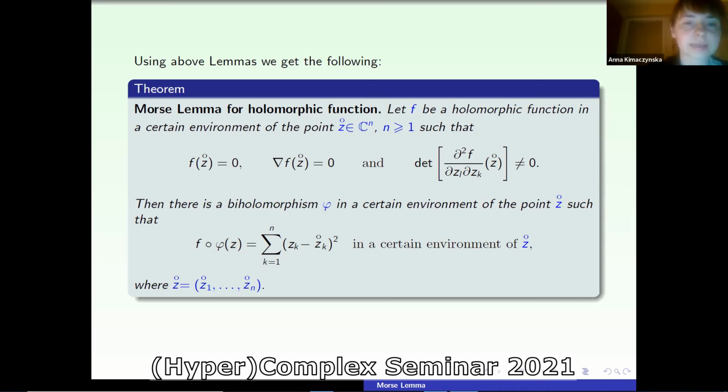Then there is a biholomorphism phi in a certain environment of the point z0, such that f composed with phi of z is equal to the sum from k equals 1 to n of (z_k minus z0_k) squared in a certain environment of z0.